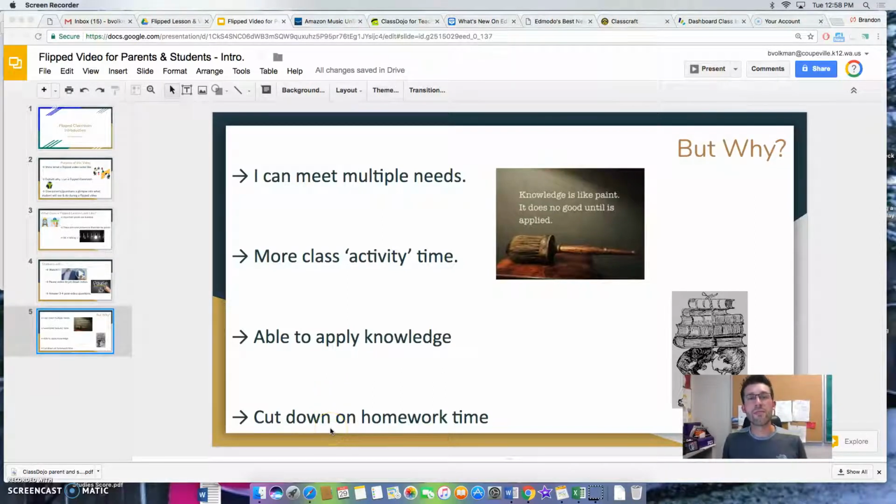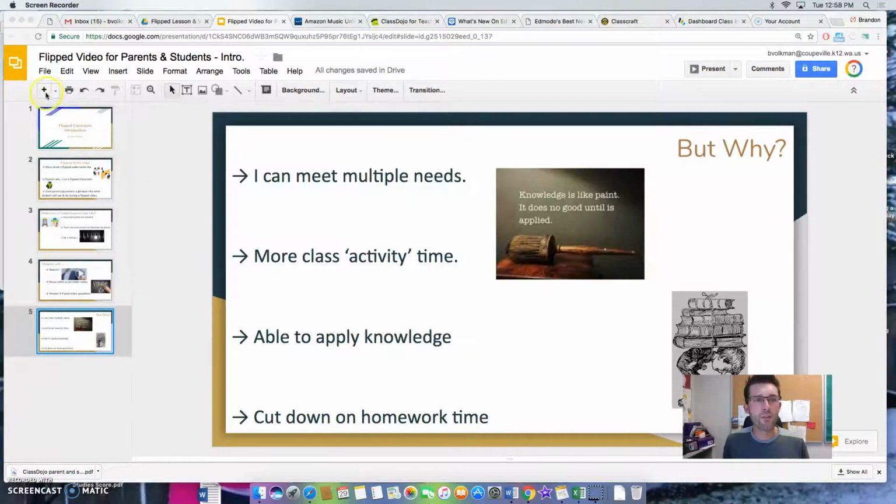Lastly, by doing a flipped classroom, I'm cutting down on homework. Instead of sending students home to read like 2 to 3 pages, take notes, answer 5 questions, which easily could take 30 to 40 minutes, students are watching videos that range anywhere from 6 or 9 minutes to maybe 12 to 15, depending on the content. And that's my hope, is to cut down on the homework load.